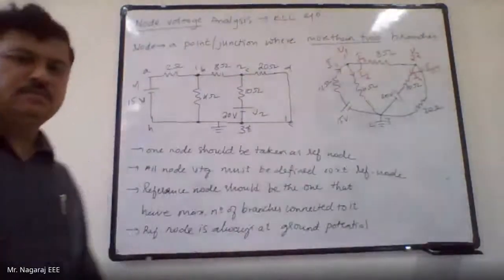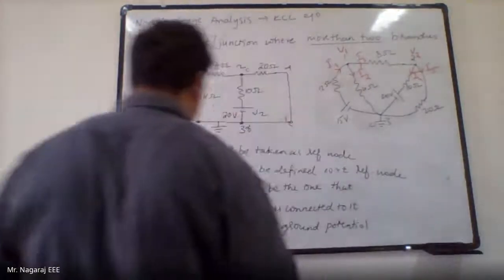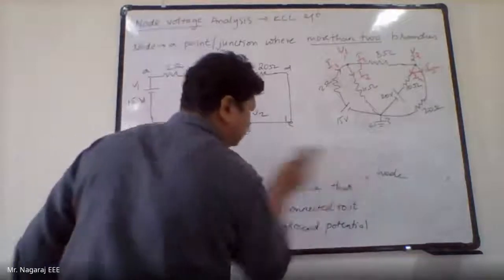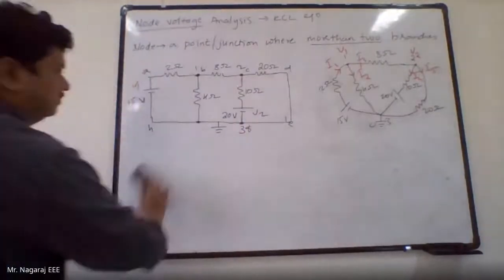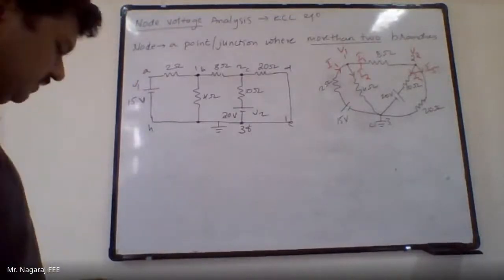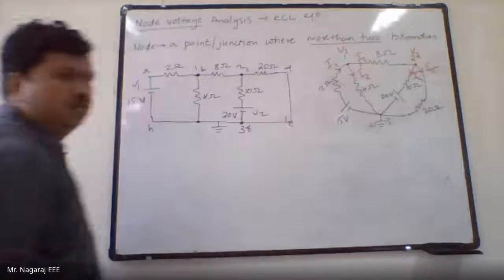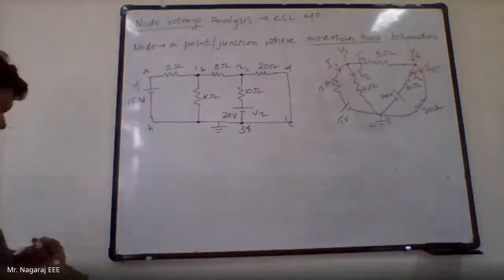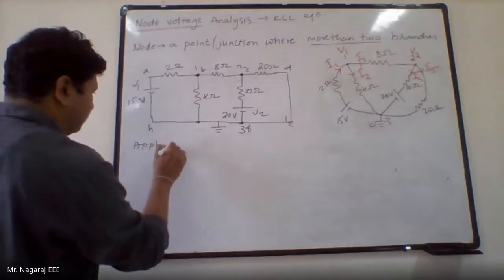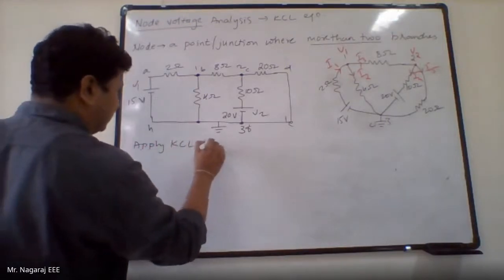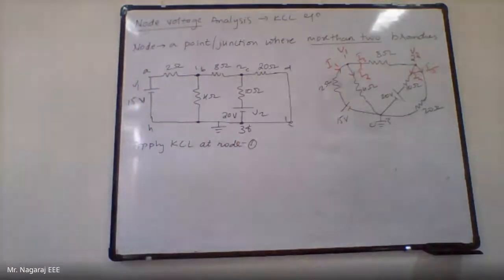Now I should be writing the KCL equation at each node. This is node 1 with V1, node 2 is with V2. Apply KCL at node 1.